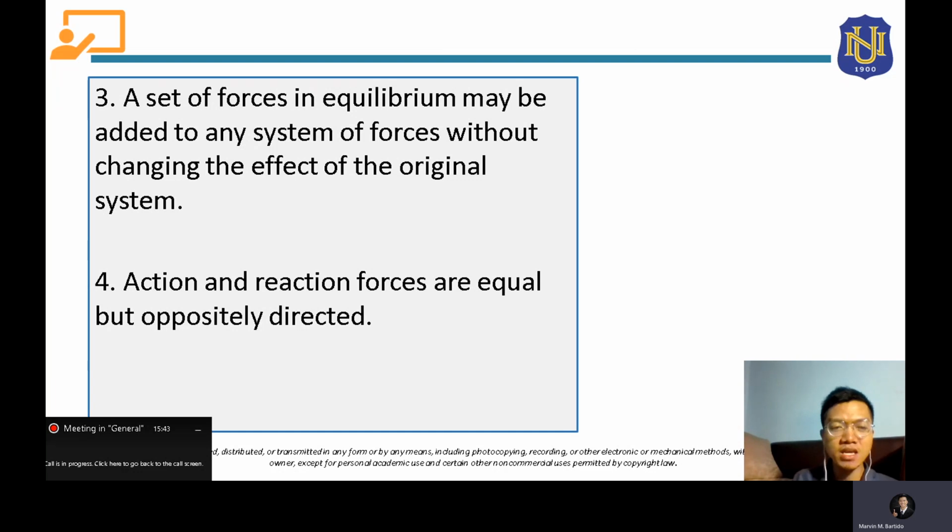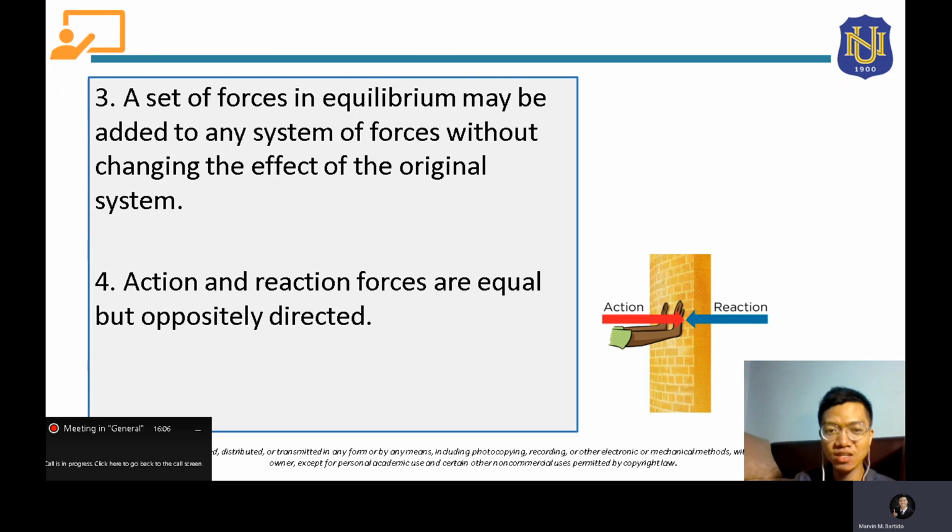So the fourth one is action and reaction forces are equal but oppositely directed. So if you apply an action force to a body, the body will react. The reaction force that will act upon that body will be equal but oppositely directed.